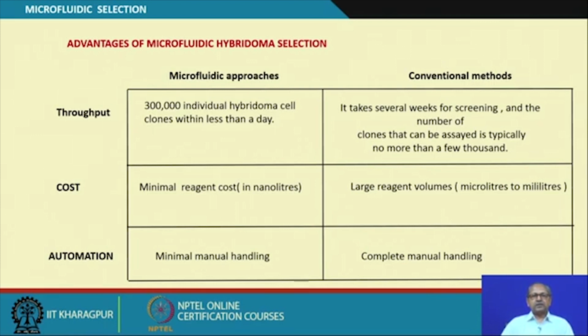Nowadays people are using molecular biology techniques by which we can screen monoclonal antibody secreting cells, fetching the sequence of the FAB part, then cloning it, then using phage display technology and microfluidic technology.